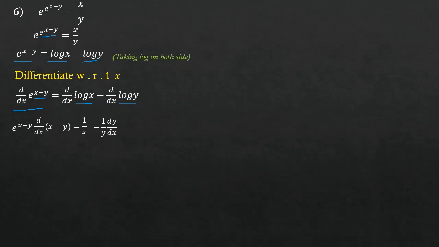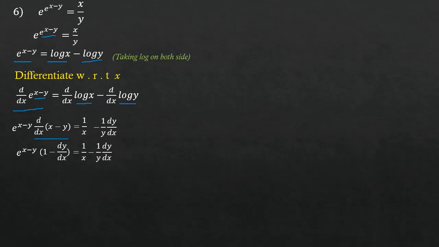Now in the next step we are writing the derivative of this x minus y. तो क्लियर है, dy by dx of x minus y लेना है तो एक बार x का डेरिवेटिव माइनस y का डेरिवेटिव, so that gives you e raised to x minus y multiply by 1 minus dy by dx is equal to 1 upon x minus 1 upon y into dy by dx.